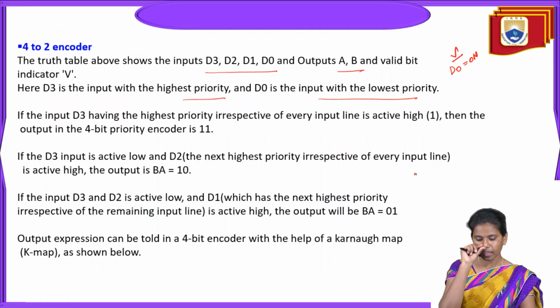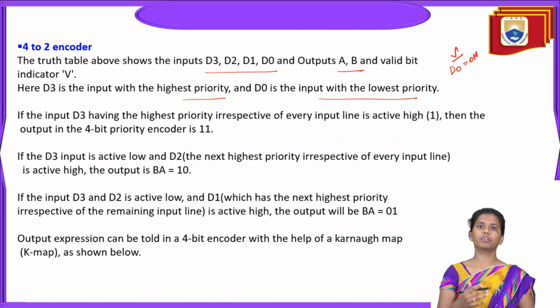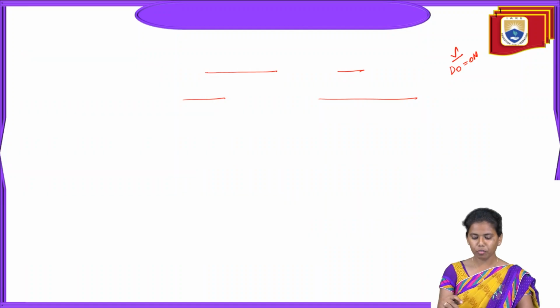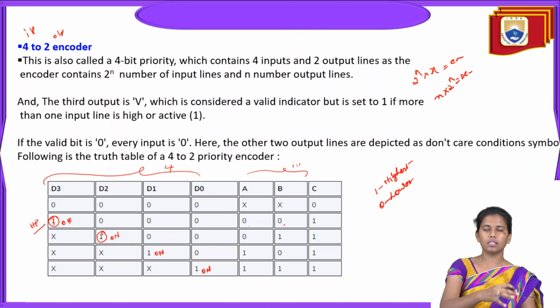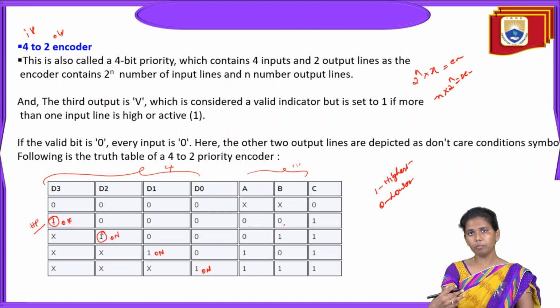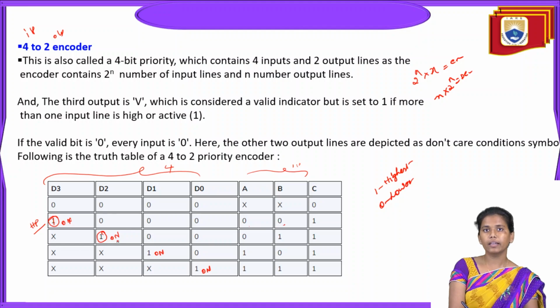Then finally, if the D3 input is active low, the next priority output will be in the active state. So if you observe here, first as per this input, the first priority goes to D3. Then for the next combination, D2 will get the highest priority, and after D2, D1 gets the highest priority.